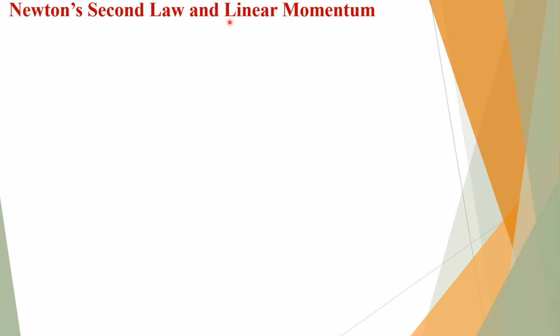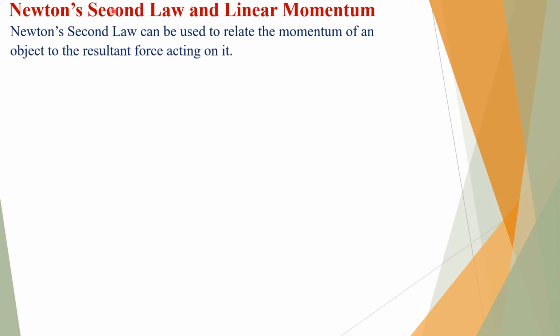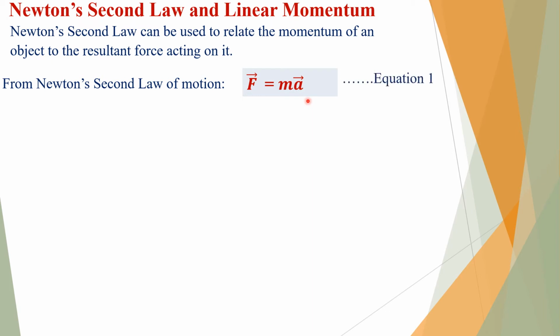Newton's second law and linear momentum. Newton's second law can be used to relate the momentum of an object to the resultant force acting on it. From Newton's second law of motion, F is equal to m into a. Let's say it is equation number 1.